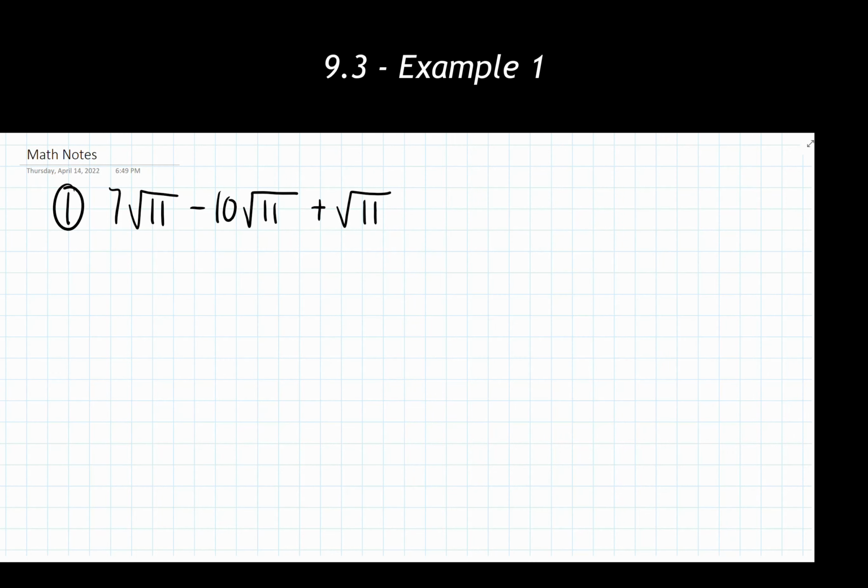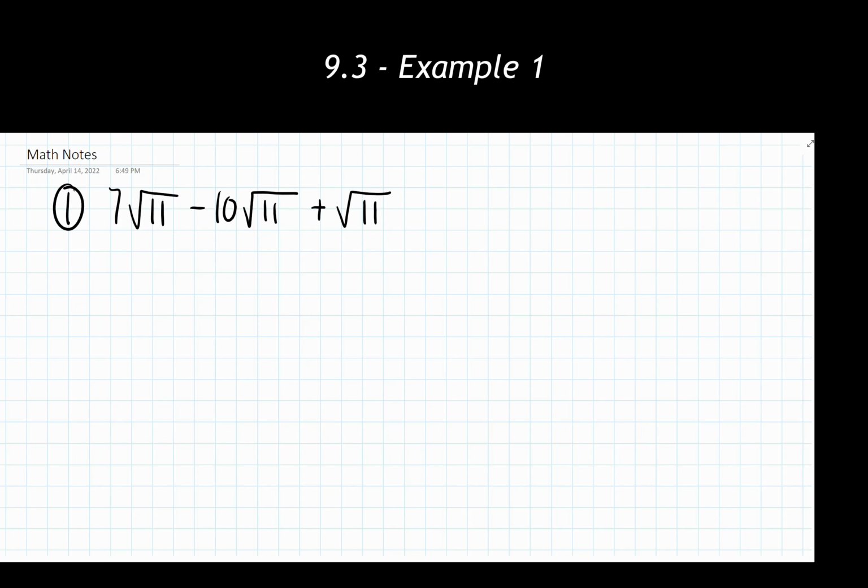Looking at our first example, we have 7 square root 11 minus 10 square root 11 plus square root 11 here. Now again, our big requirement for adding and subtracting square roots, and radicals at large, is that the index of all radicals that are adding and subtracting together are the exact same, and that the radicands, the things inside the radicals themselves, are the exact same.